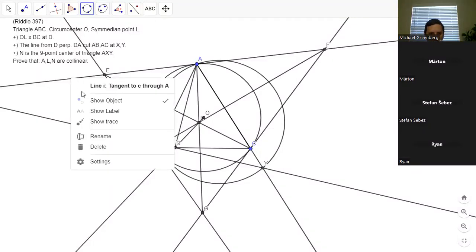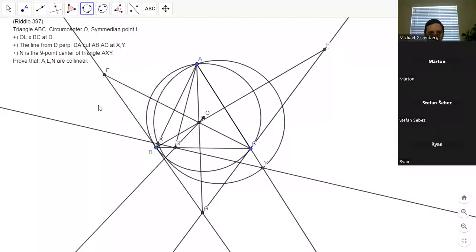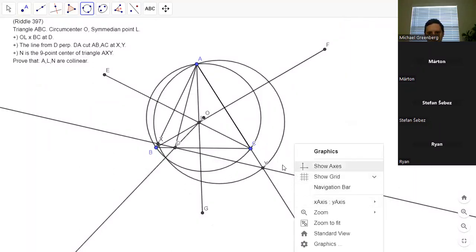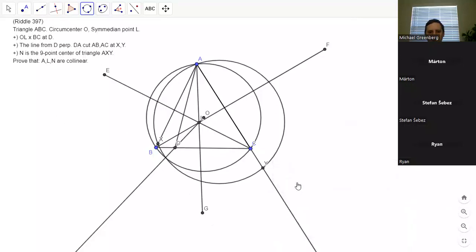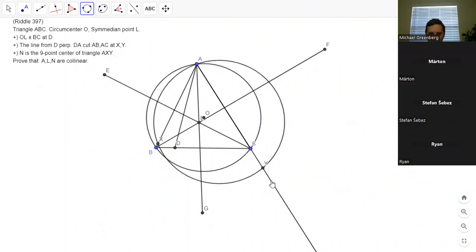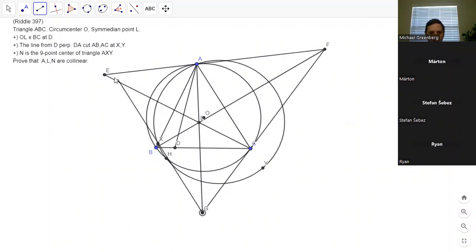Okay, let me hide a bunch of stuff. But apparently A, L, and N are here. And it almost looks like this passes through that. So I'm going to check whether or not it's true. So we have this, this, and this.